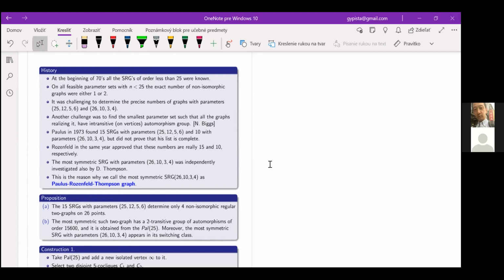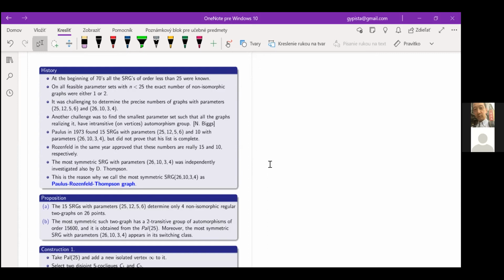In the same year, in Russia, Rosenfeld proved this result, saying that the precise numbers of non-isomorphic graphs with these parameters are really 15 and 10 respectively.